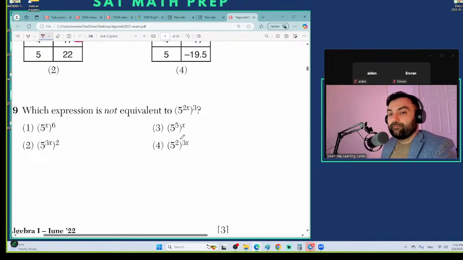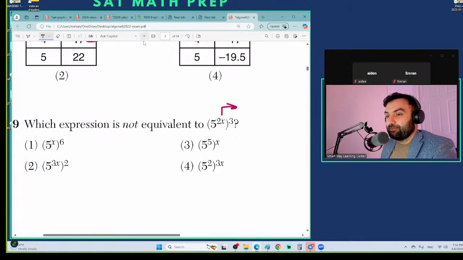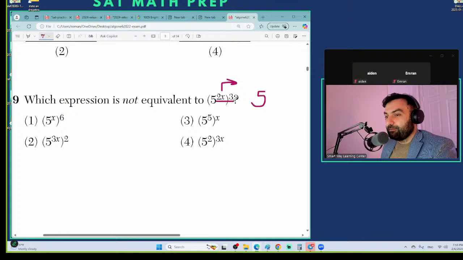Okay. Which expression is not equivalent to this? So what is it actually if we simplify it? If we simplify it, it's going to be 5 to the power, and then we multiply powers. That's the power rule. We multiply these powers, so it's going to be 6x. So which one is not 5 to the power 6x?